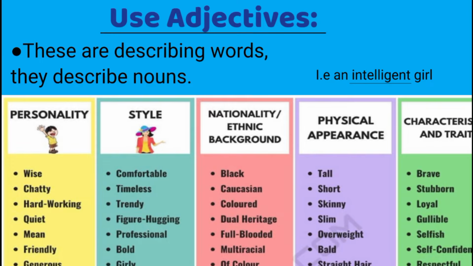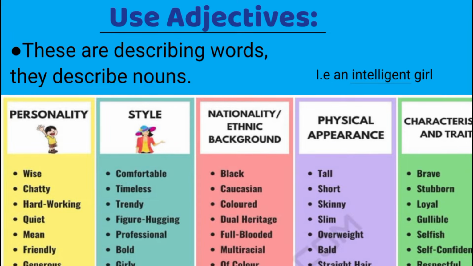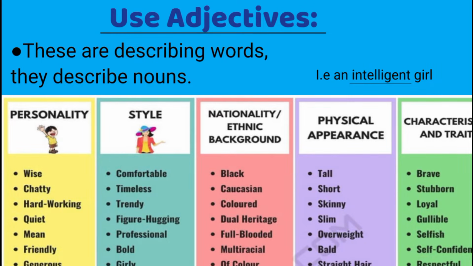To describe personality, we can use words such as wise, chatty, hardworking, quiet, mean, friendly, and so forth. And for style, we can use words such as comfortable, timeless, and so on. For nationality, ethnic, and background, we can use words such as black, colored.